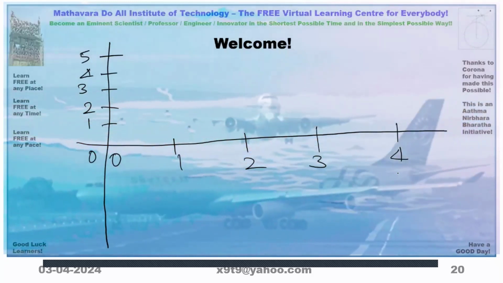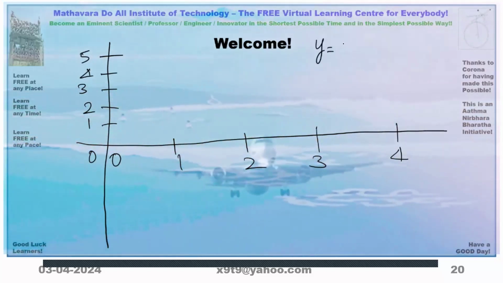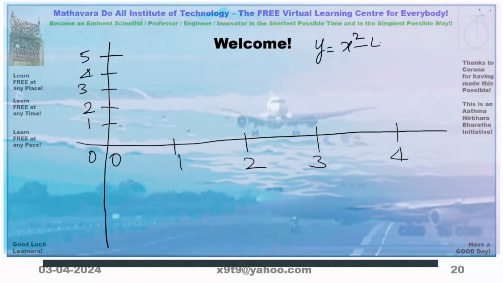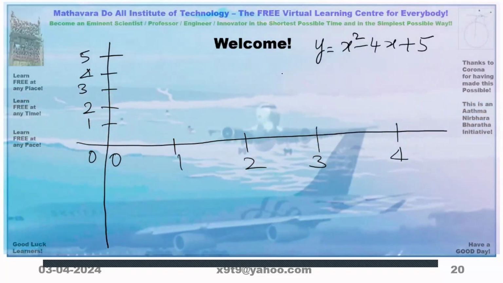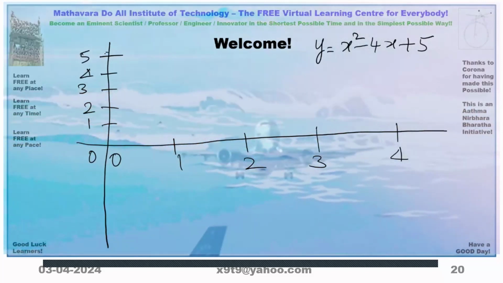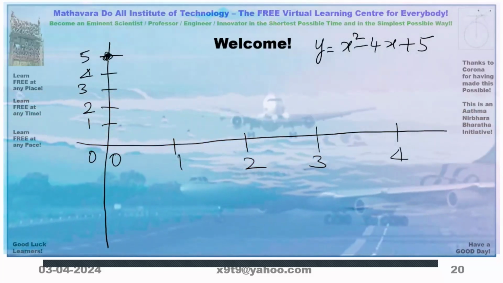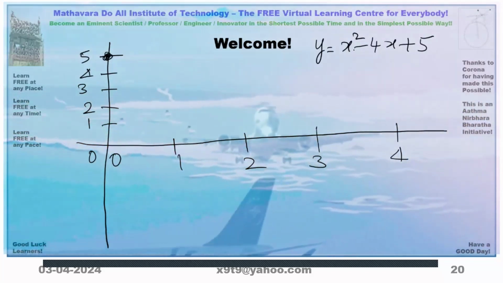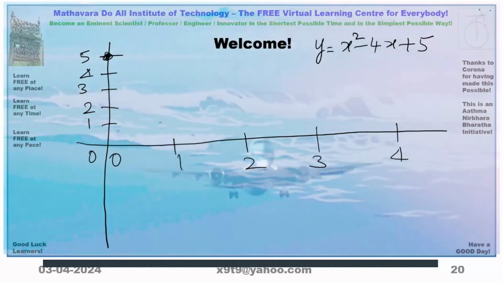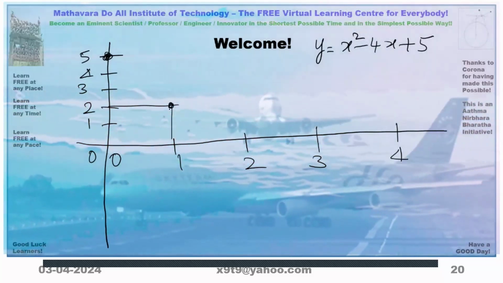So when x is equal to 0, this was the graph of y is equal to x square minus 4x plus 5. So when x is 0, we are getting this point, 5. When x is 1, 1 plus 5, 6 minus 4 will be 2. So you will get this point.